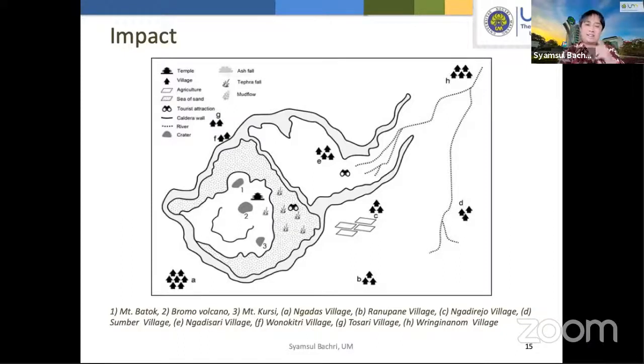And we also mapped the villages that are really engaged with Bromo. Why? Because these villages are categorized as tourism villages. So we were really interested to know how they interact with the eruptions and how they can develop their livelihood not only from agriculture but also from the tourism side.